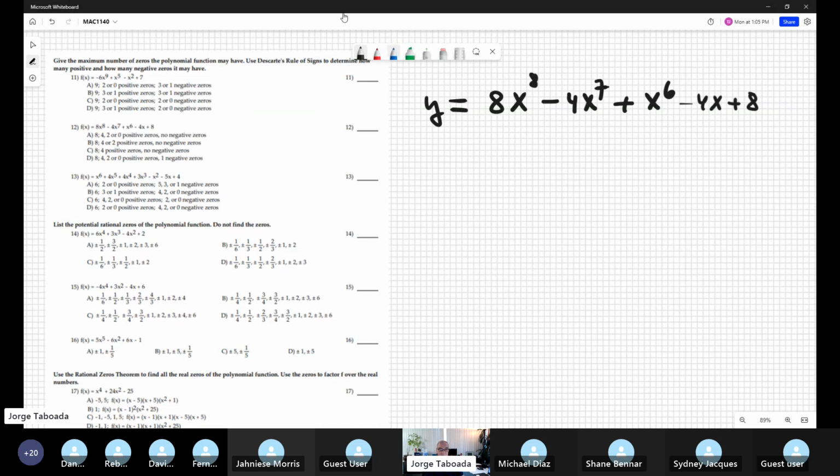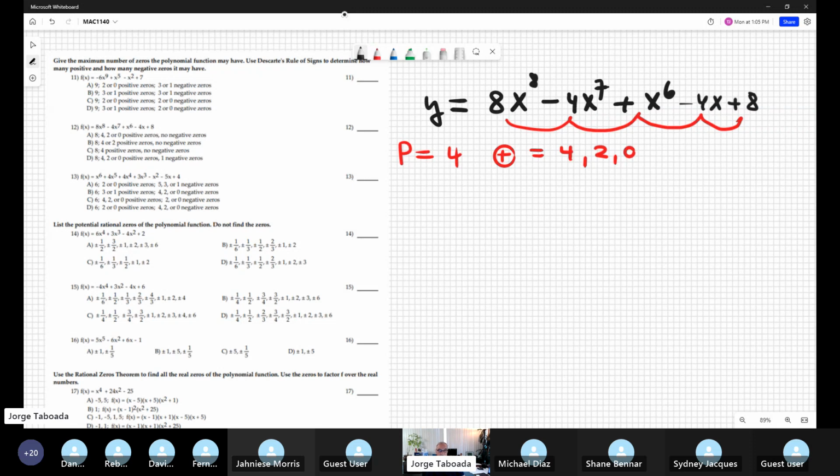Now I investigate P. It is obvious that P has 4 changes of sign. Therefore, the number of positive is 4, 2, or 0. Remember, you subtract 2 always, until the number is negative, and you stop.